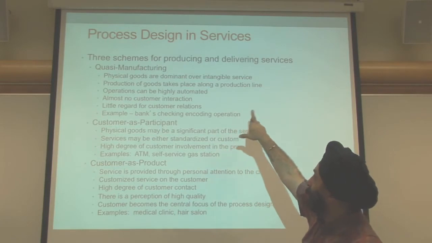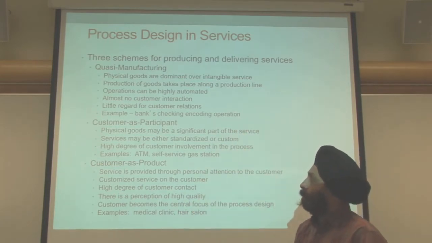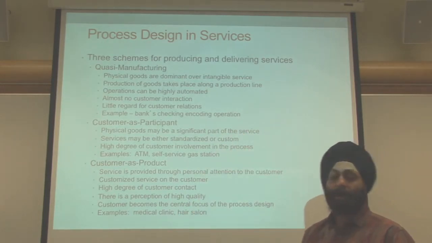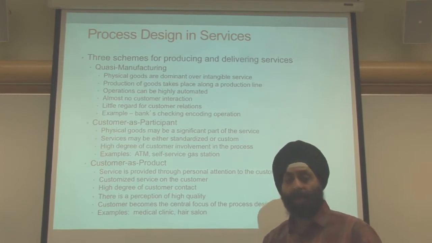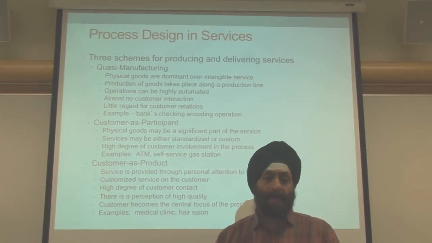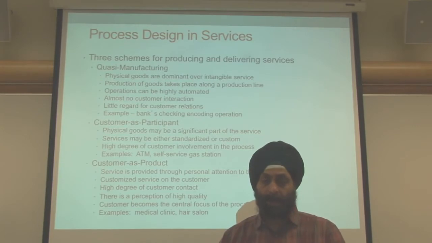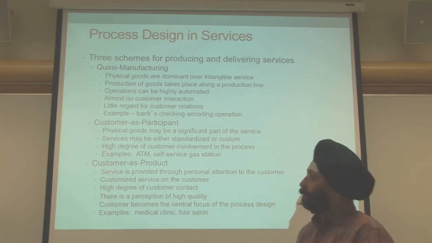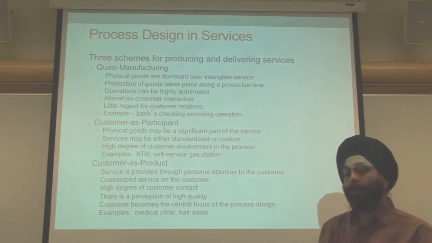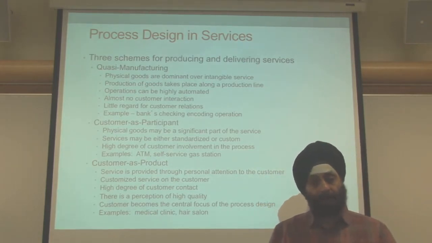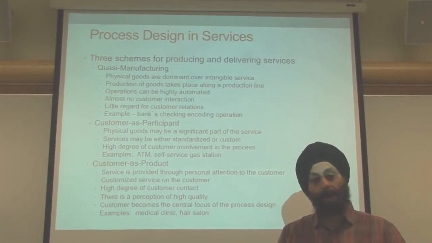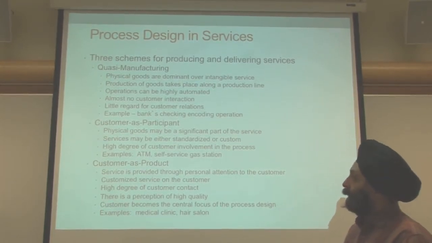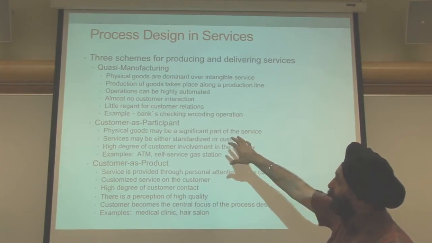Production of goods takes place along the production line. Operations can be highly automated. So for example, a restaurant is famous for their salsa, and they take that salsa or sauce that they make and try to market it through supermarkets. That's an example of a service which earlier was provided by a full-service restaurant and is now being provided in a quasi-manufacturing environment.